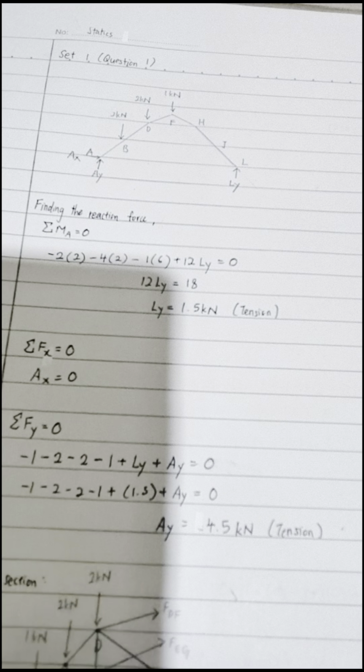Since there is no horizontal force applied, AX is equal to 0. For AY, we let the forces be in equilibrium vertically, Fy equals 0. Hence, we find AY is equal to 4.5 kilonewtons.